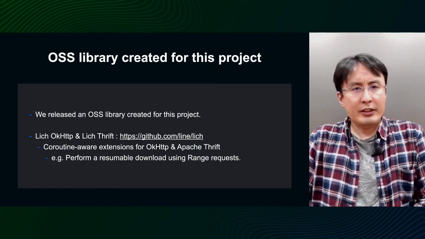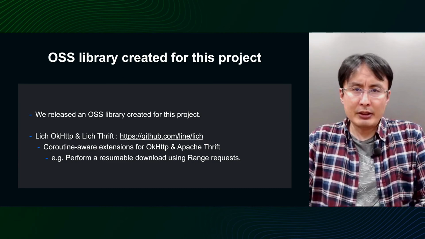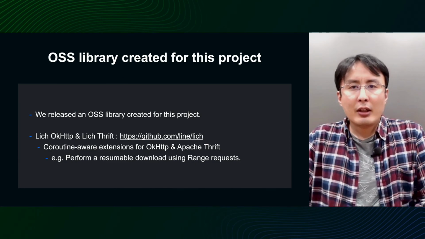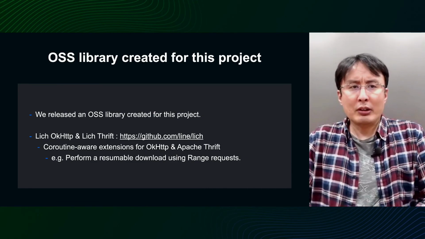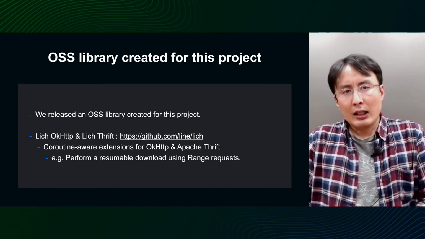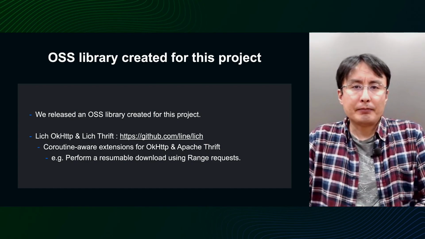Finally, I'd like to introduce you to our open source library called LICH. This is a collection of generic libraries for Android applications that we created for this HTTP2 migration project and other projects.